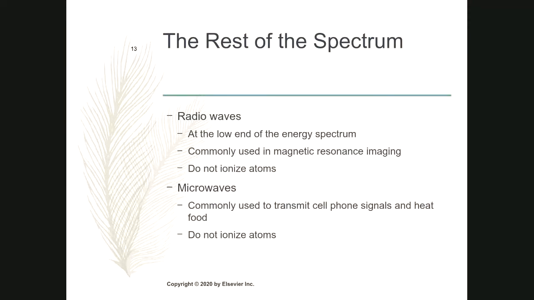Honestly, nothing on the spectrum can ionize other than X-rays and gamma rays. Microwaves are the next one. A lot of times we think of microwaves, they transmit cell phone signals, they heat food, and again, microwaves absolutely do not have the ability to ionize atoms. They can heat tissue, but they don't ionize atoms.